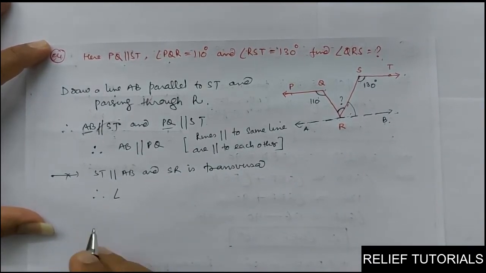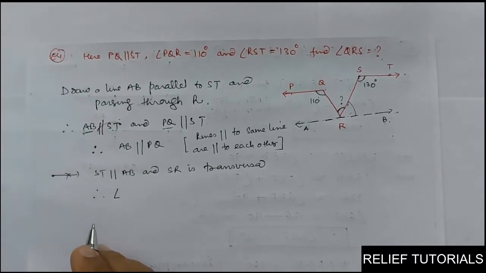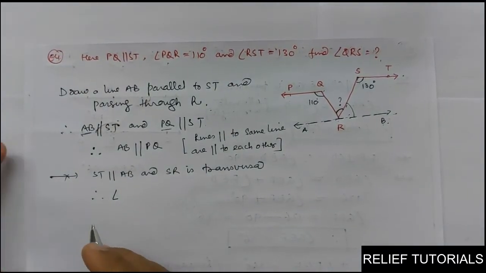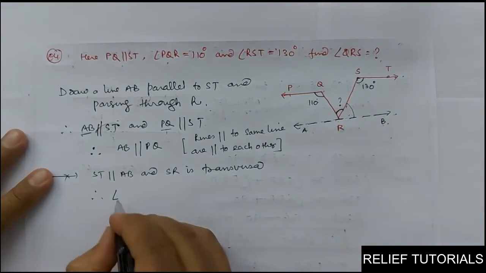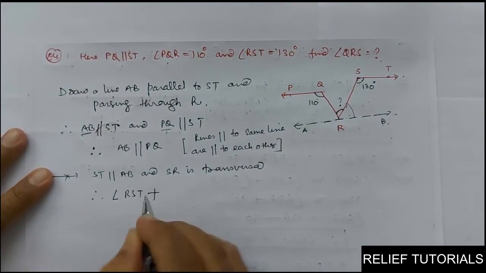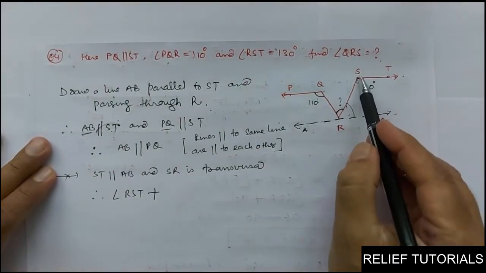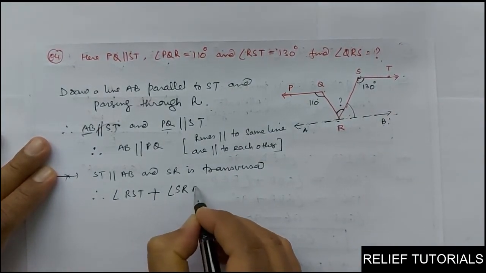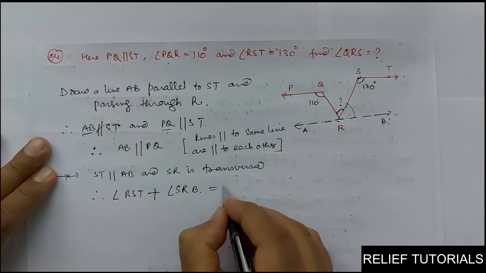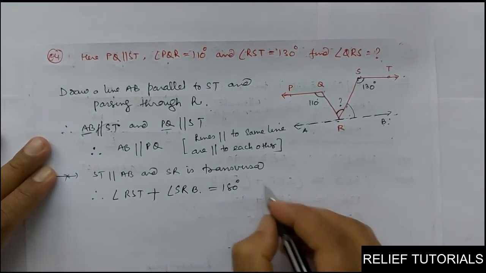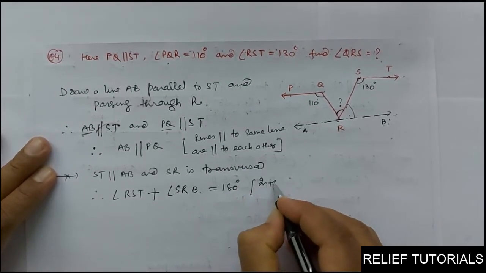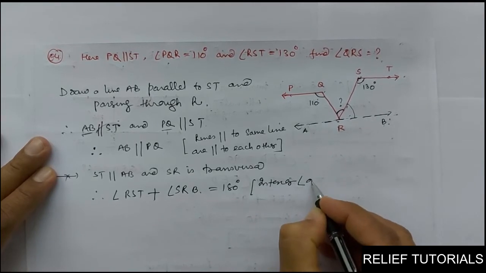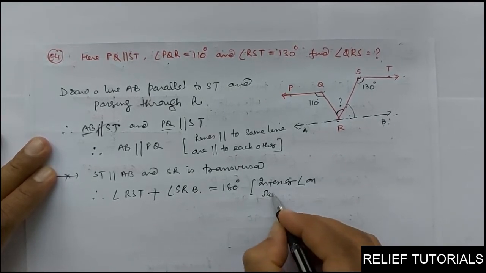So therefore angle RST plus angle SRB is equal to 180. Why? Interior angles on the same side of the transversal.